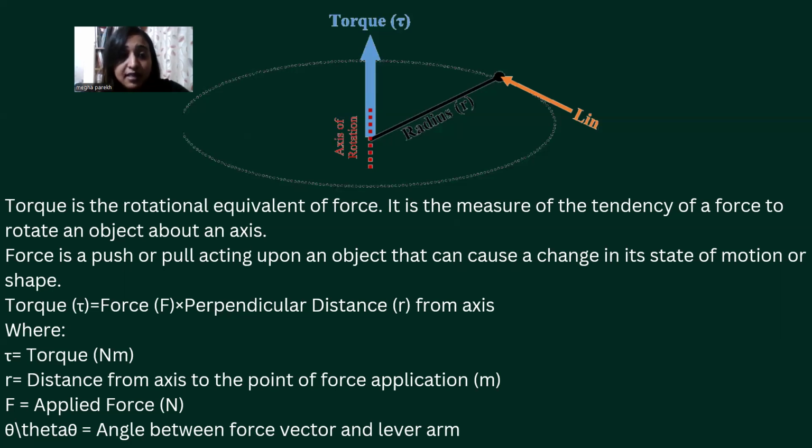Going to the very basics, force is a push or pull upon an object that causes a change in the state of motion or shape. But when it comes to rotational force, it is torque. So torque is equal to force cross perpendicular distance from its axis. We know torque is equal to force cross perpendicular distance, and the angle between the radius r and the axis of rotation is theta.